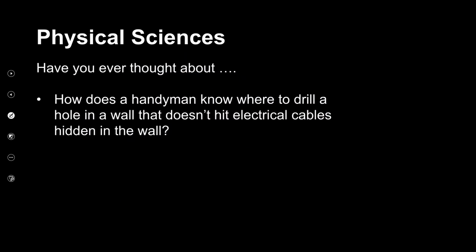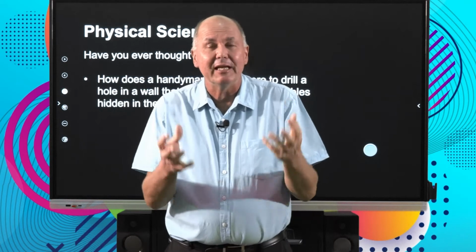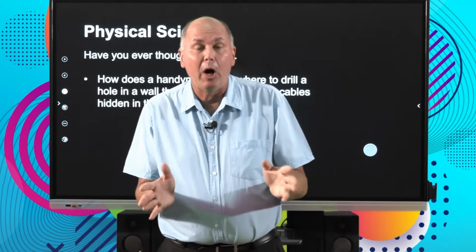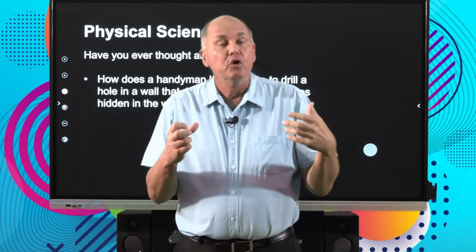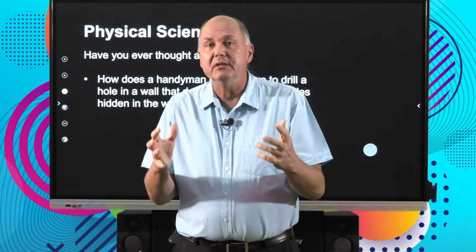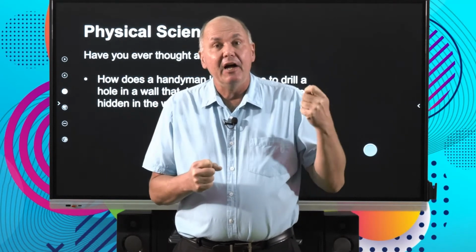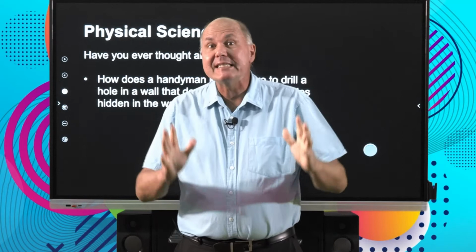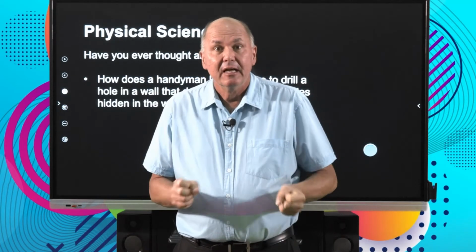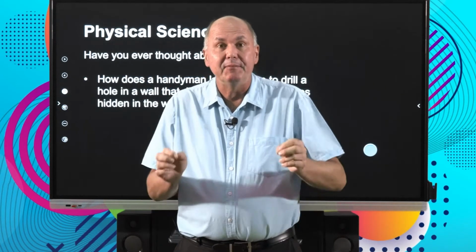But to get started, I wanted to ask a question, and I want you to think about this very carefully. Maybe you've had somebody doing some DIY work at home, or you've noticed somebody doing some building. They're installing kitchen cupboards. And we know that inside the walls of a house, there are these conduit pipes that carry your electric current.